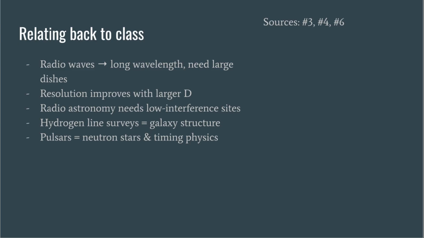Neutral hydrogen surveys help track galaxy motion and structure, and FAST is specifically designed for that. And pulsars are neutron stars with precise timing signals, which FAST can study because of its extreme sensitivity. So basically, everything FAST is built to do fits directly into the principles that we have been learning.